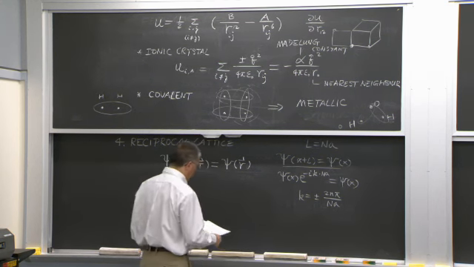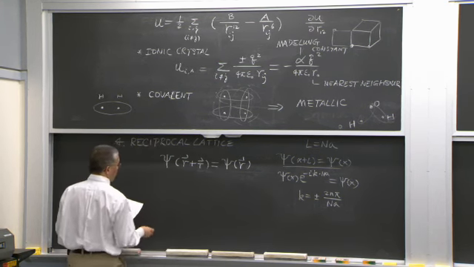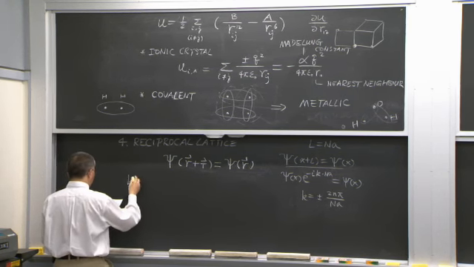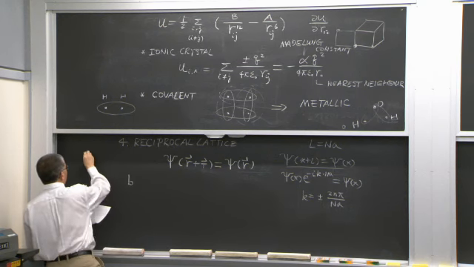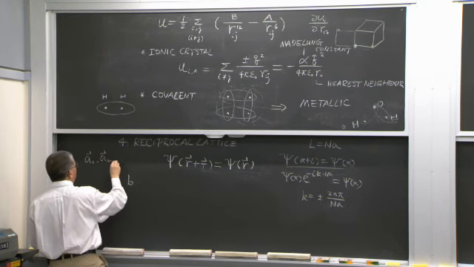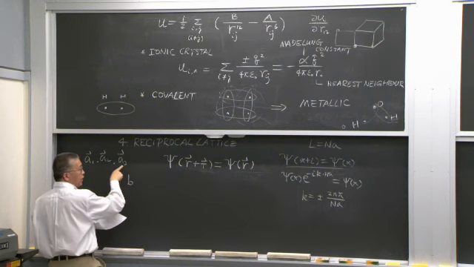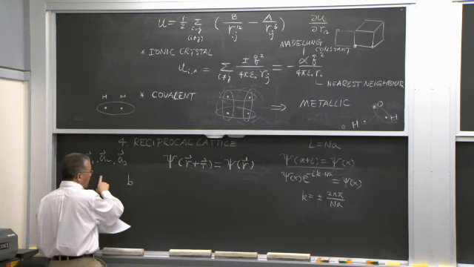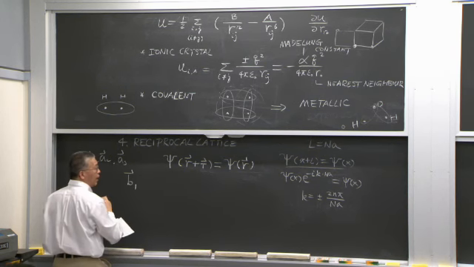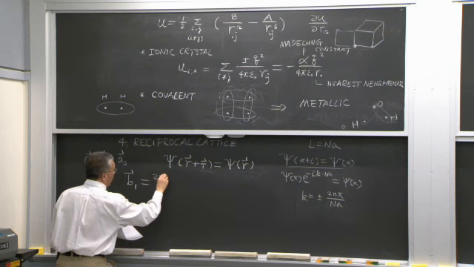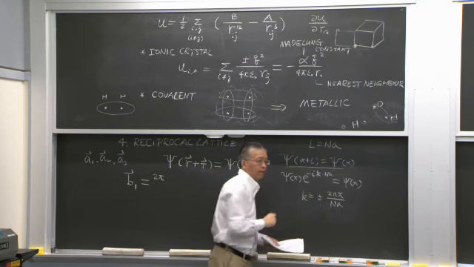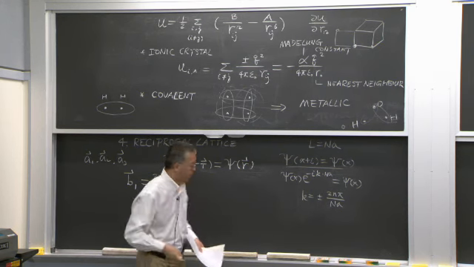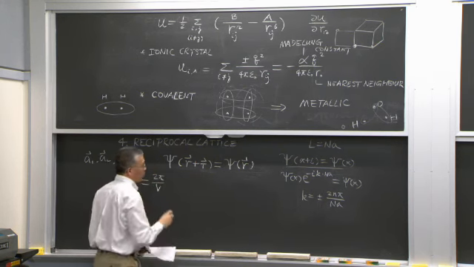Okay. And the way I construct this reciprocal primitive lattice vector is, if I have a1, a2, a3 as the real space primitive lattice vectors, then in reciprocal space b1 equals 2π, so that's my 2π, over the volume. Length becomes volume.